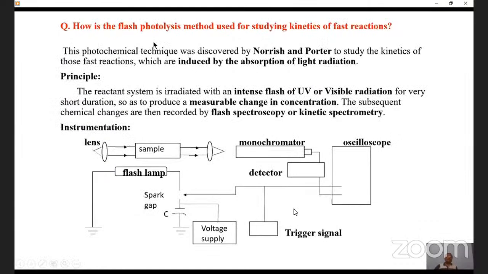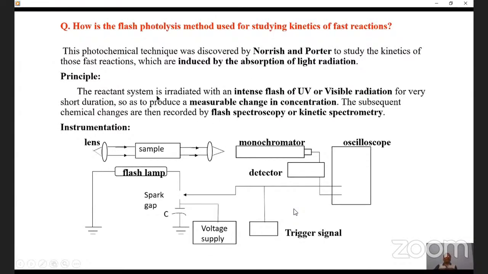Now then, the next technique used is the flash photolysis technique. This flash photolysis technique was discovered by Norrish and Porter to study the kinetics of those fast reactions which are induced by the absorption of light radiation. Now, what is the principle underlying this technique?